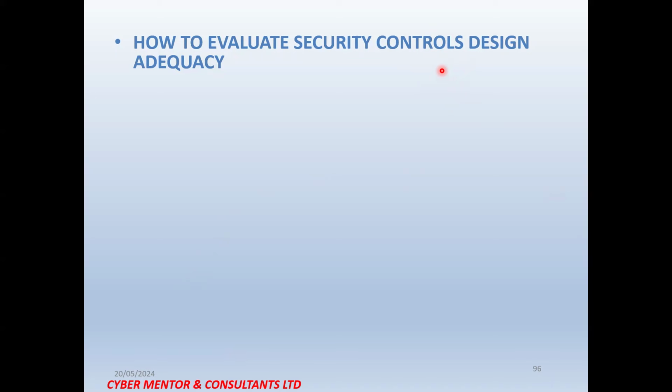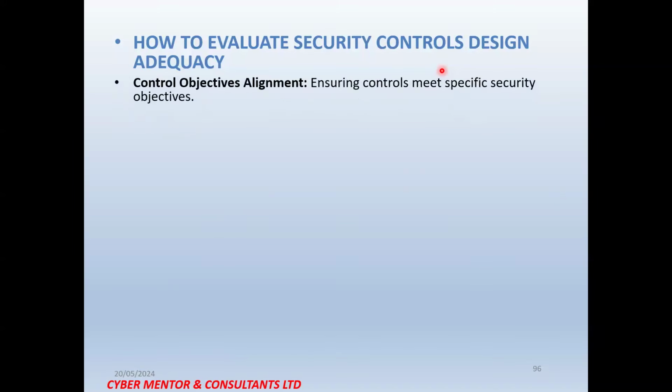So what are some of the ways you can evaluate to ensure that the control designs are adequate? One of the ways is to check for control objective alignment. What that means is that we're ensuring that your controls are meeting specific security objectives. Remember that in the beginning we talked about defining security objectives.